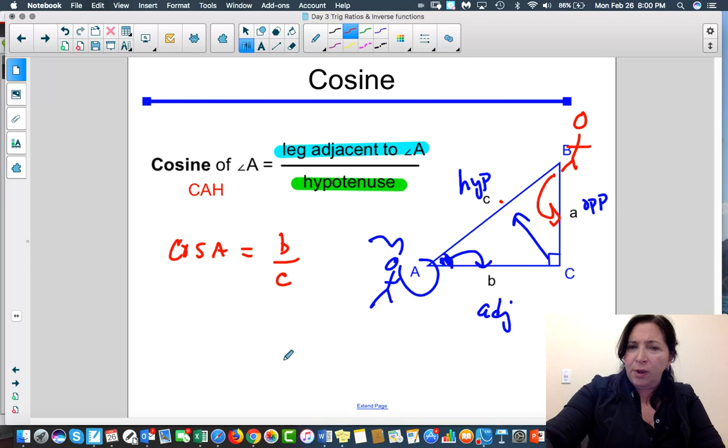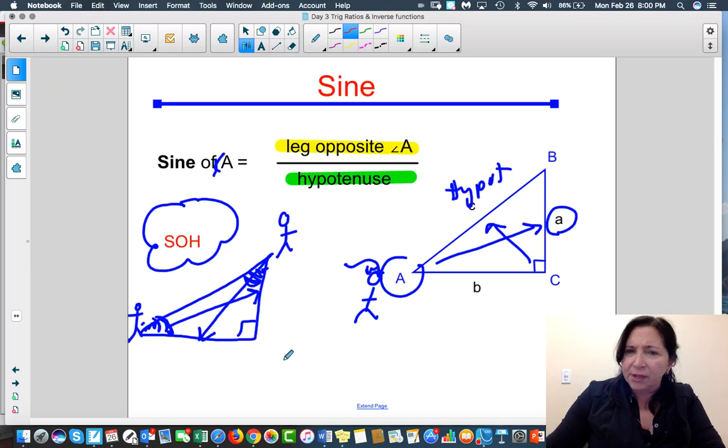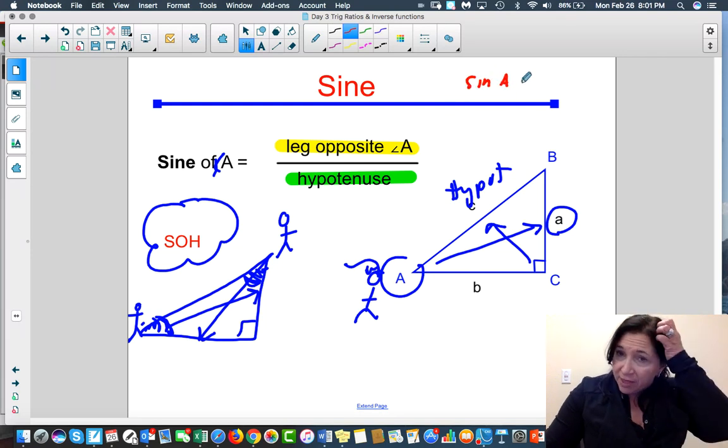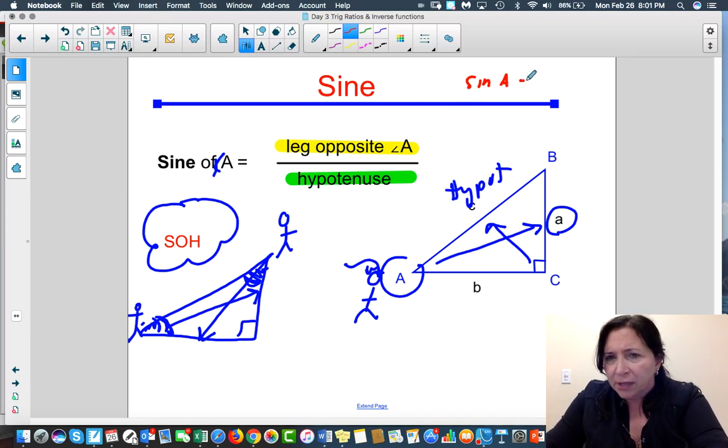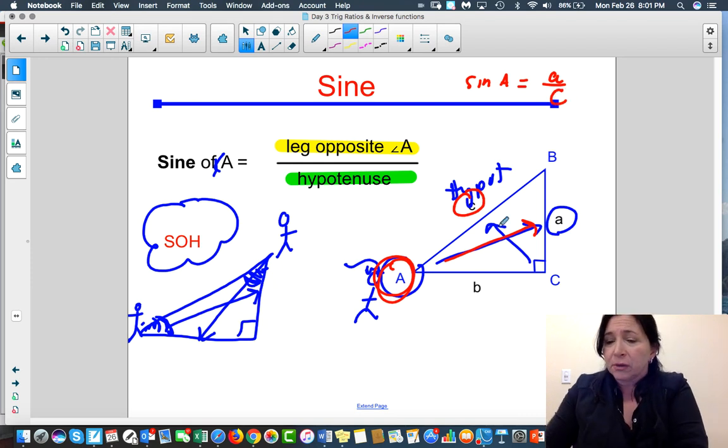In the previous problem, I said sine of angle A, which is equal to the opposite side, little a, over the hypotenuse, which we are calling c. So that would be the ratio.